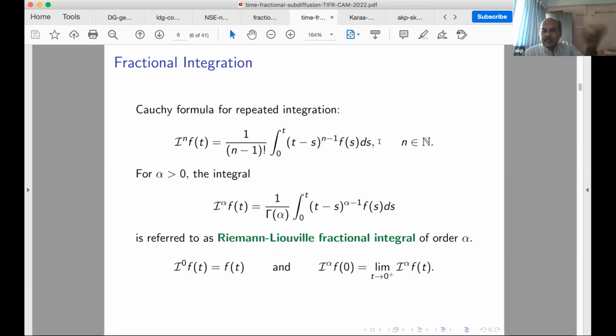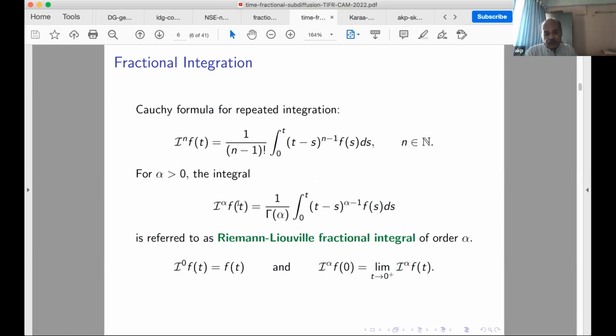So let us ask a natural question. If alpha is greater than or equal to 0, any real number, can you generalize this? Yes, it is possible, because the factorial function is the gamma function, so you know this generalization. You can write down the integral from 0 to t of (t minus s)^(alpha-1) f(s) ds, and wherever it is meaningful and finite, it gives I^alpha f(t).